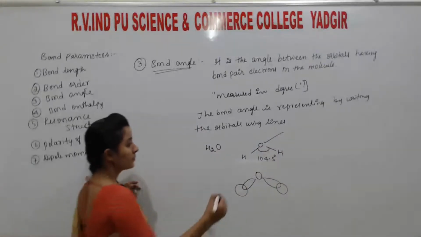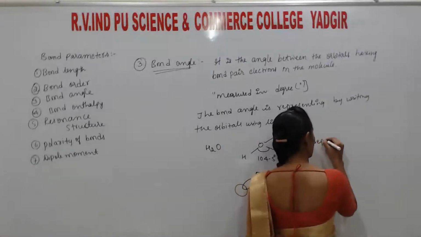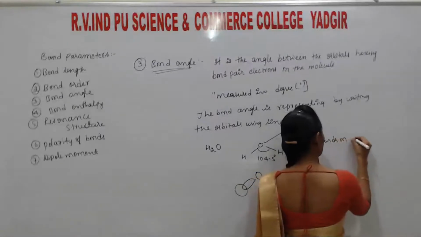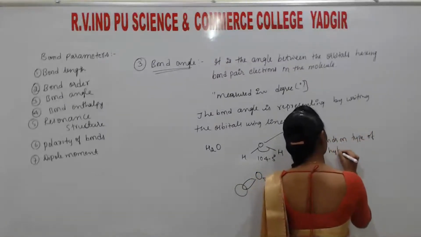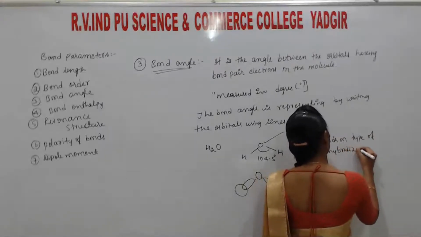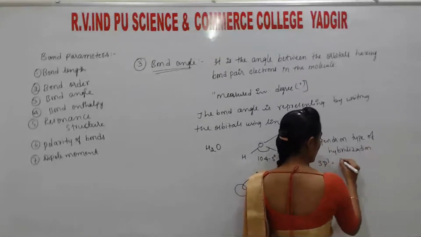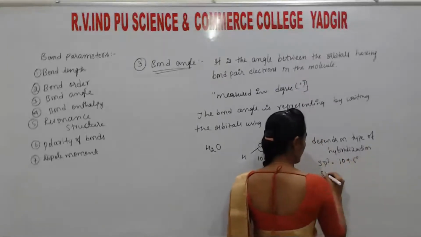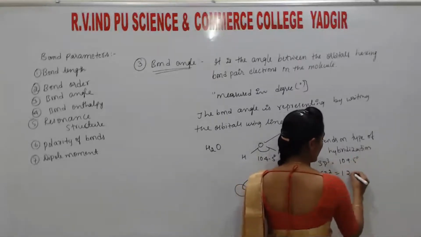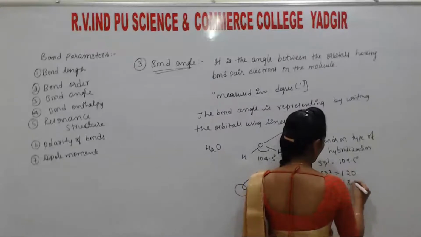Next, listen. So the factors: the bond angle depends on the type of hybridization. How? Listen. If sp3 hybridization, bond angle is 109.5 degrees. If sp2, that is 120 degrees, and sp, it is 180 degrees.